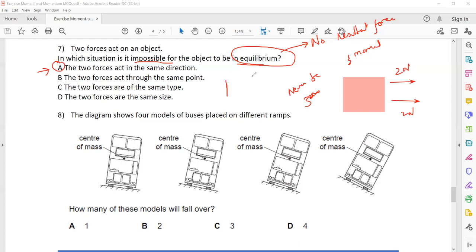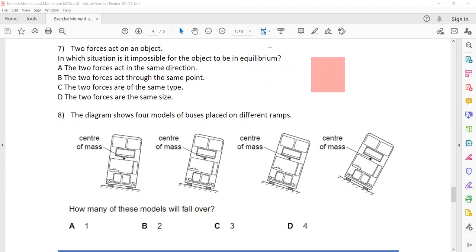Whenever two forces are acting in the same direction, the object cannot have zero force. It will have some force. Because when two forces are acting in the same direction, how do you find the result? You find the result by adding them.